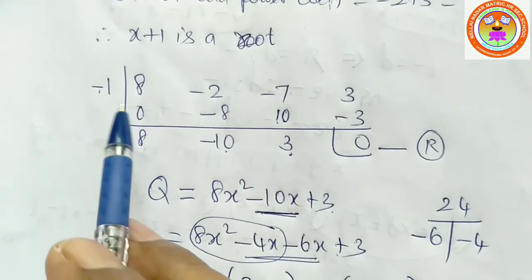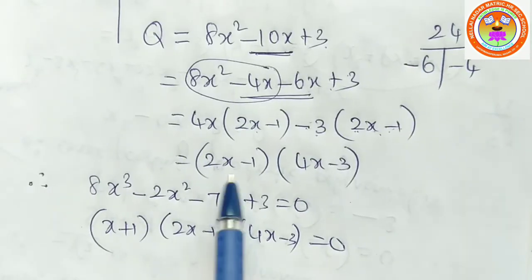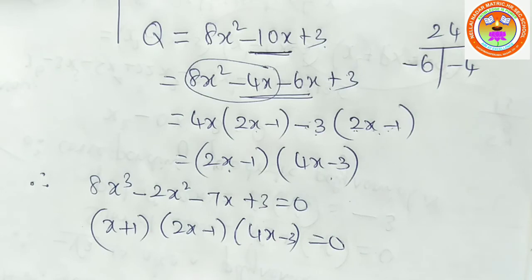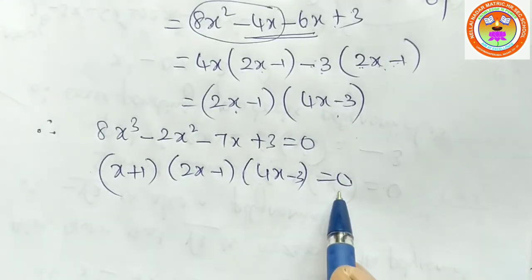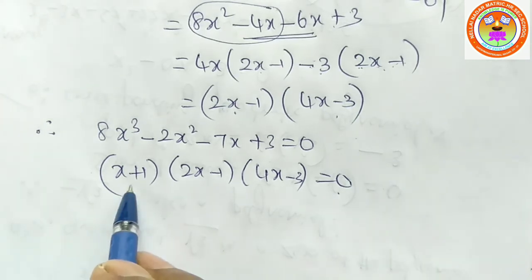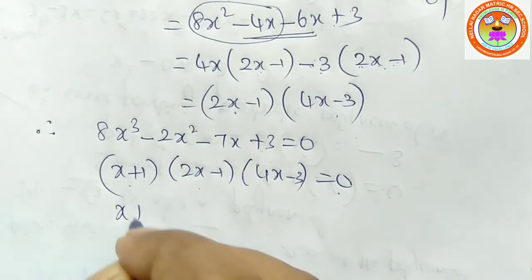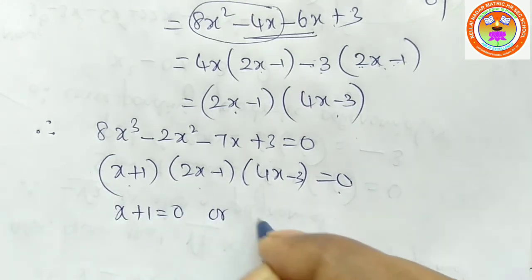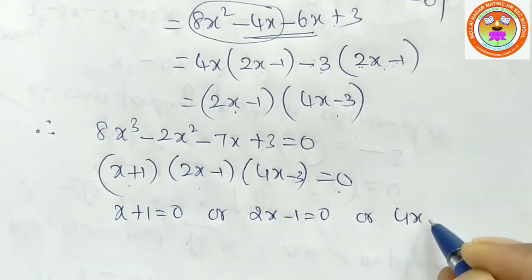The product of these three factors is equal to 0 means either the first term is 0 or the second term is 0 or the third term is 0. So x plus 1 is equal to 0 or 2x minus 1 is equal to 0 or 4x minus 3 is equal to 0.